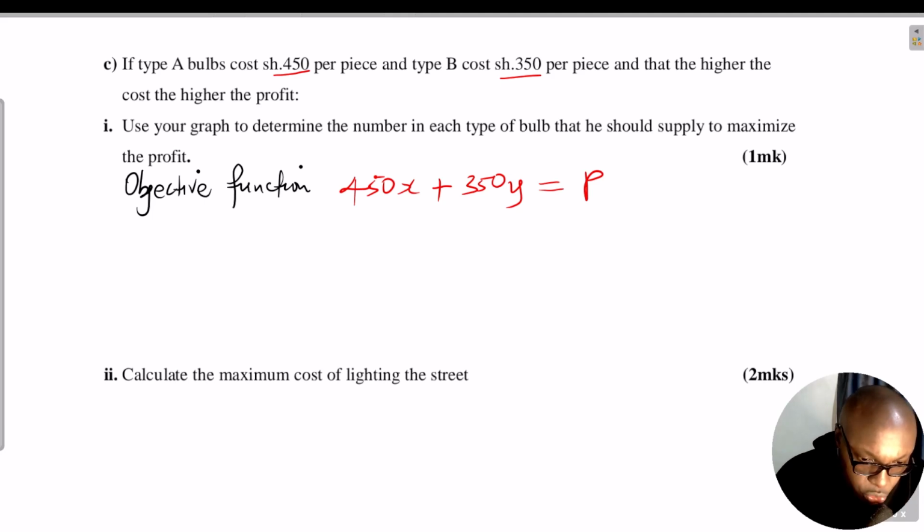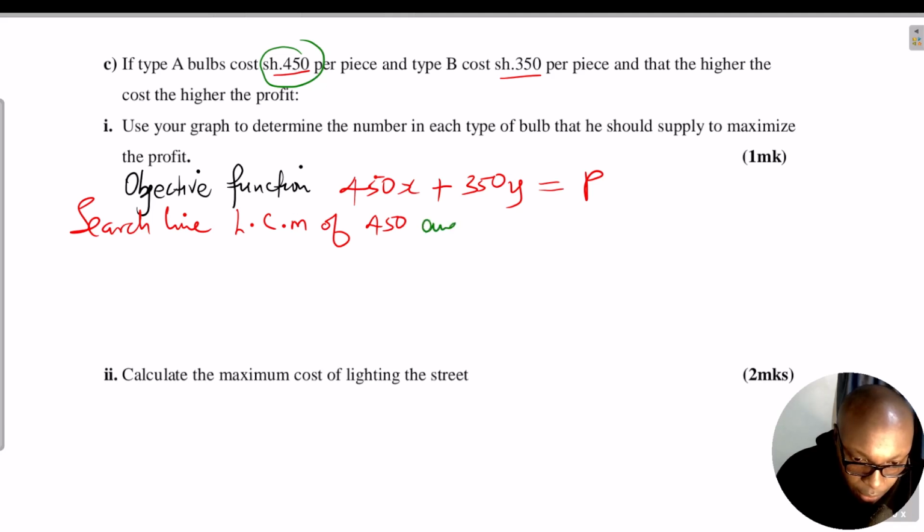So how do we draw the search line? This is how we draw it. The easiest way is to find the least common multiple of 450, the profit of type A bulbs, and 350, the profit of type B bulbs. Let us get the LCM.